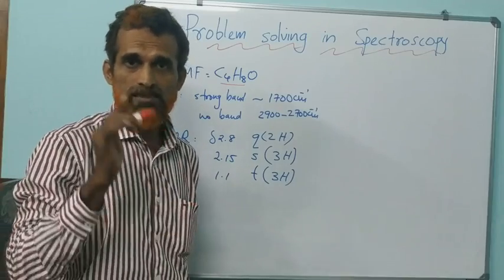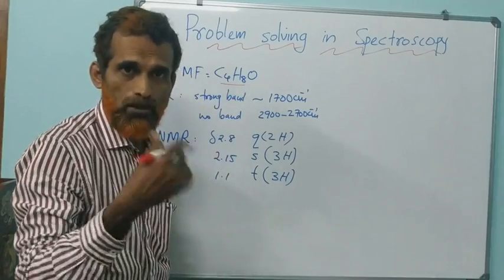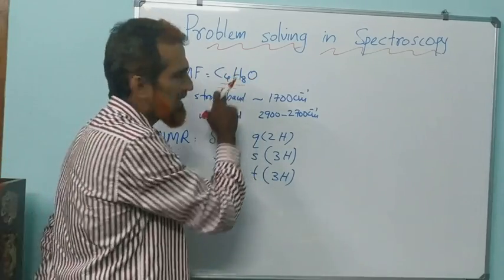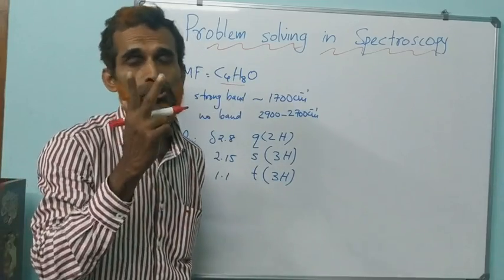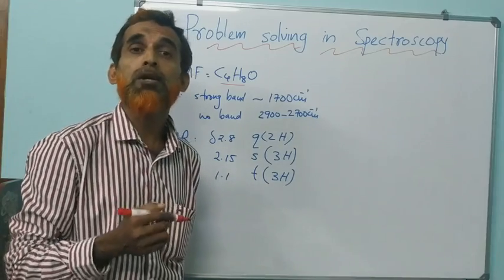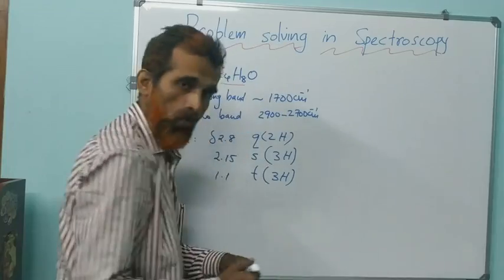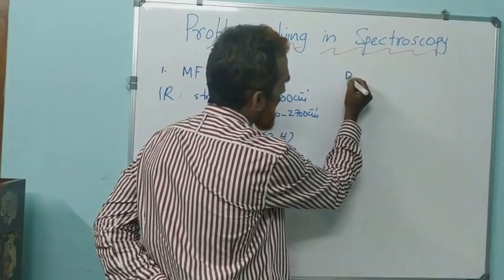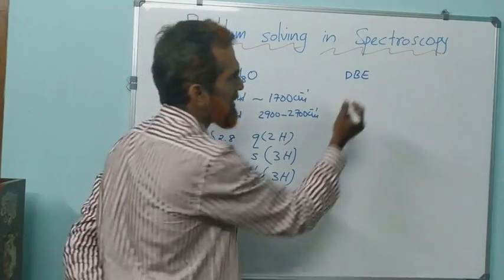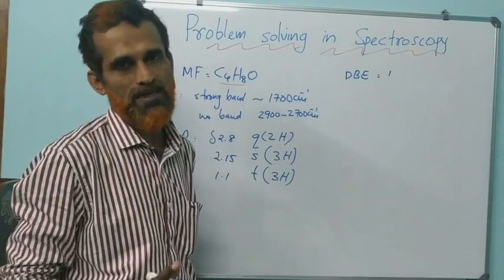If it were saturated, it would have been CnH2n+2, that of an alkane, so there should be 10 hydrogens, but it is 8. So it is 2 hydrogens short, which is equivalent to 1 pi bond. So the degree of unsaturation, also called double bond equivalence, is 1. That means the molecule contains 1 pi bond.